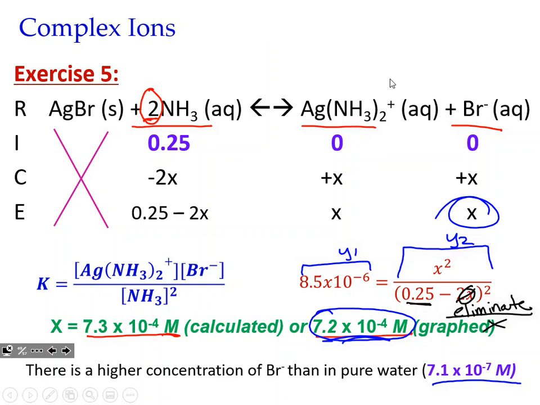It went up. 7.2 times 10 to the minus 4 is a much larger number than 7.1 times 10 to the minus 7. So by reacting it and creating the complex ions, the silver bromide solubility did increase quite a bit.